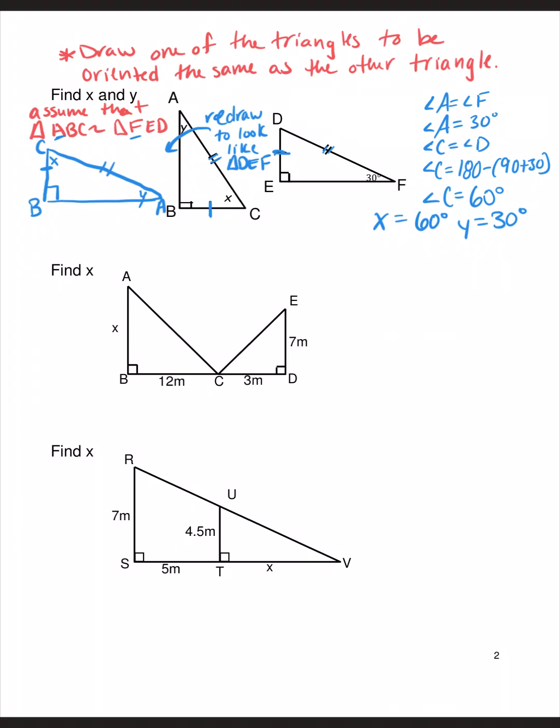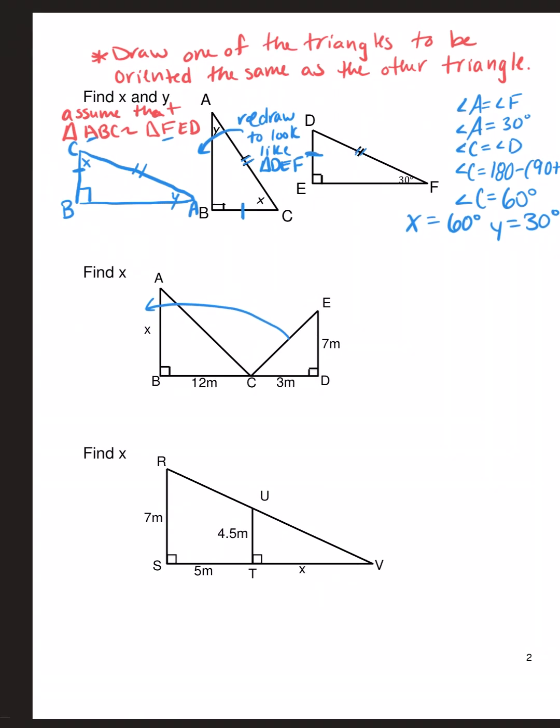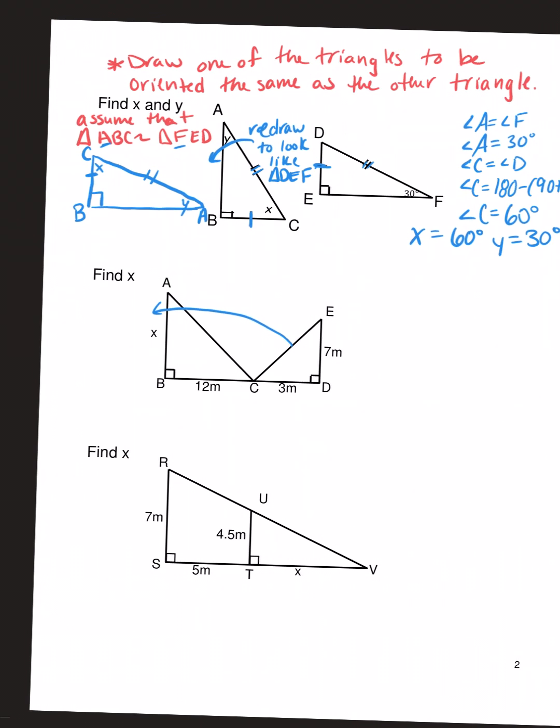So the next one says find X. Again, we're assuming that the triangles are similar to each other. So I'm going to redraw this small triangle so that it's oriented the same way as the bigger triangle next to it. So I'm basically going to take CED, this triangle, and flip it so that it's facing the same way as the other triangle.